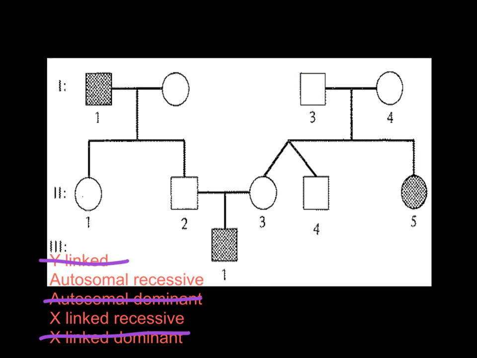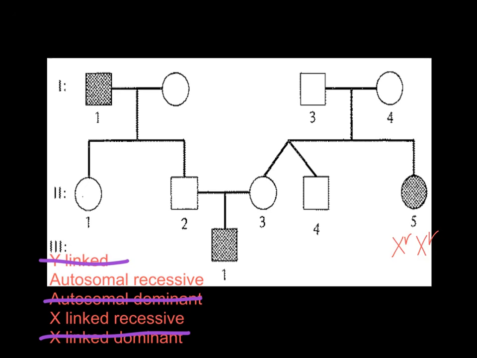Okay, so now our only two modes of inheritance left are autosomal recessive and X-linked recessive. So let's take a peek at what the X-linked recessive mode of inheritance would look like on this pedigree. Now what we know is that if it's an X-linked recessive mode of inheritance, then females have to carry both recessive X alleles to show the trait.